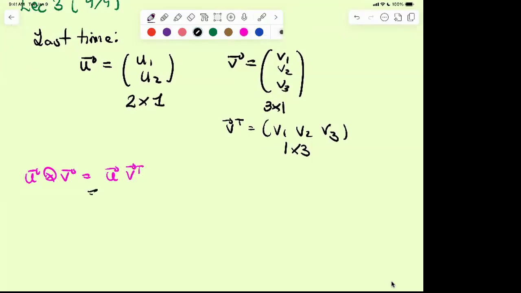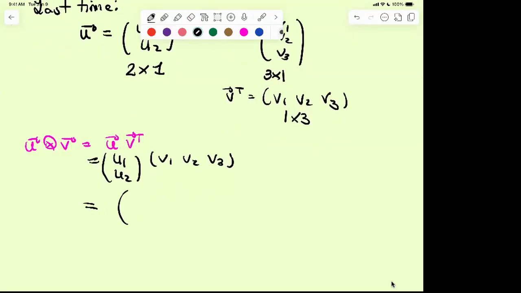If you write this all down, it gives you u1 v1. It's really very easy to understand. You just do all the possible products: you multiply u1 with all the possible entries of v, and you multiply u2 with all the entries of v as well.